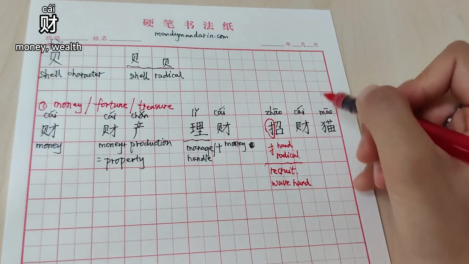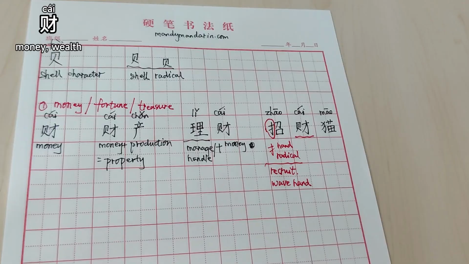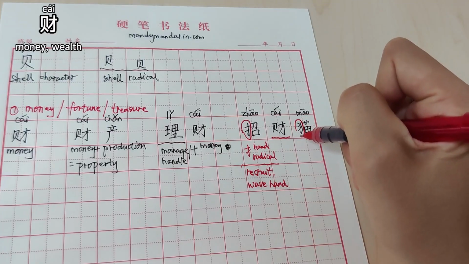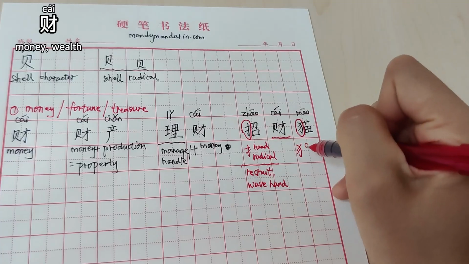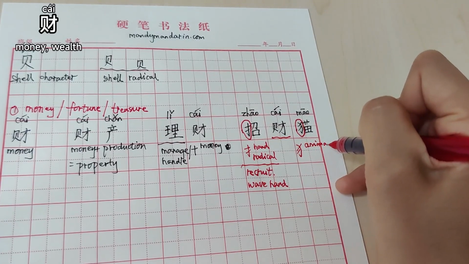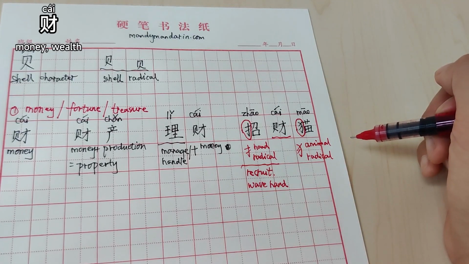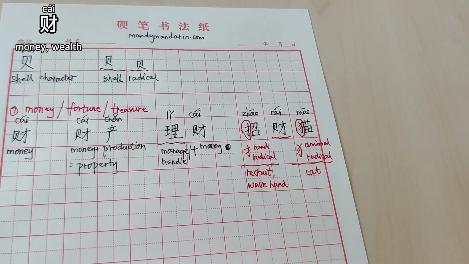Okay, and then 财 is the money. We already know that. And 猫, you can see on the left side of the 猫, we have the animal radical. We just mentioned it a few weeks ago in the animal radical videos. And 猫 is the cat.